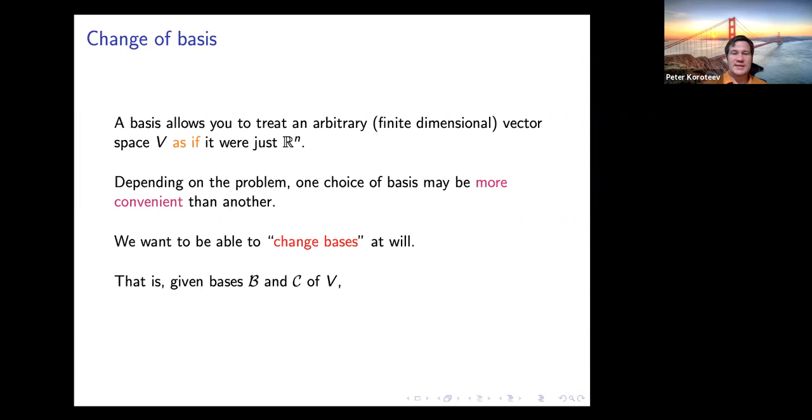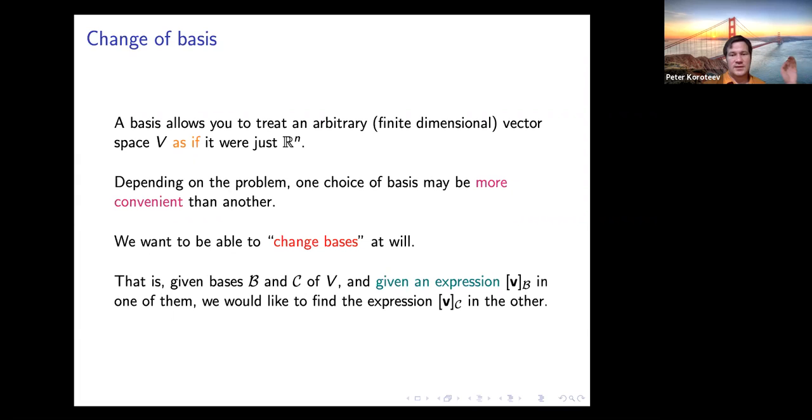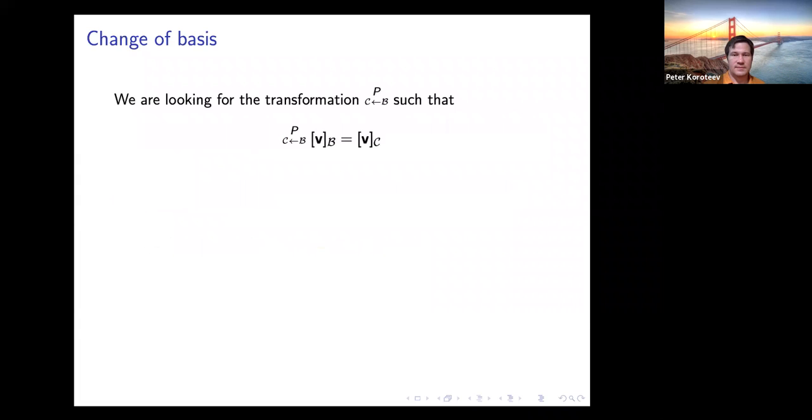So given two bases, B and C of V, and given an expression of V in basis B in one of them, we would like to find an expression of V in C in the other. So we're looking for a transformation of this form.